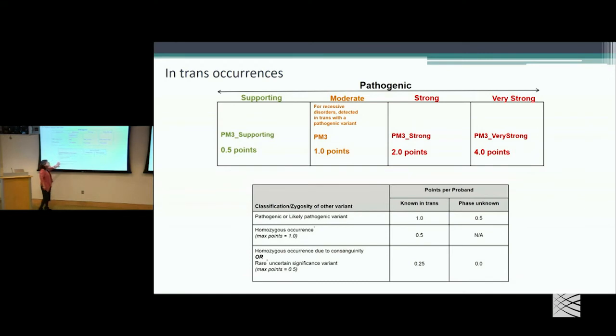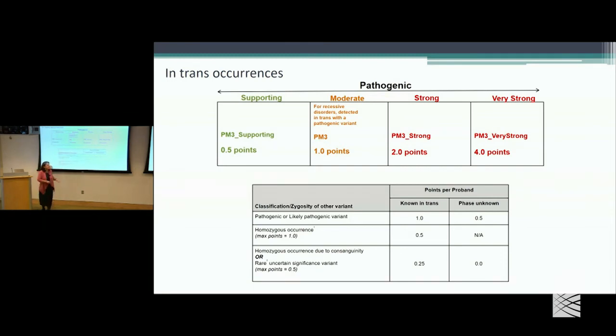We are trying to come up with slightly more quantitative, in this case semi-quantitative approaches for, well, what if you see multiple observations in trans? And a lot of the variants, particularly for recessive diseases, the only evidence we ever generate are in trans observations. So we started to come up with a rubric to say, how many points do you get for each proband, and whether you know that it's in trans or the phase is unknown, and whether it's homozygous versus compound heterozygous.